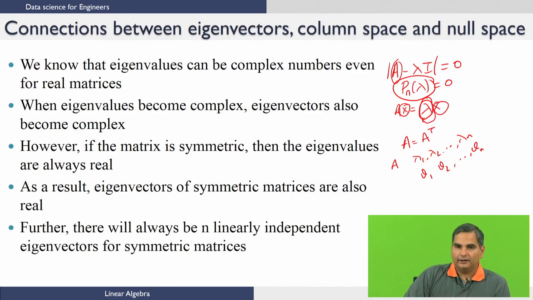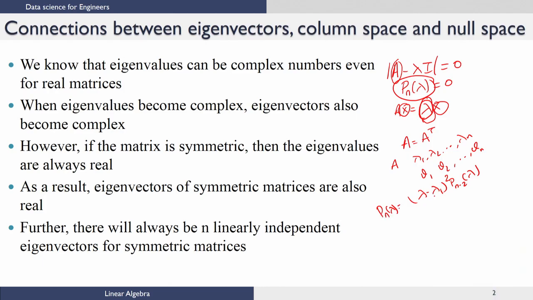However, suppose there are certain eigenvalues which are repeated. For example, if we take a case where eigenvalue lambda 1 is repeated, then I could have some polynomial which is like this. So, the original polynomial has eigenvalue lambda 1 repeated twice, and then there is another n minus 2th order polynomial which will give you n minus 2 other solutions.